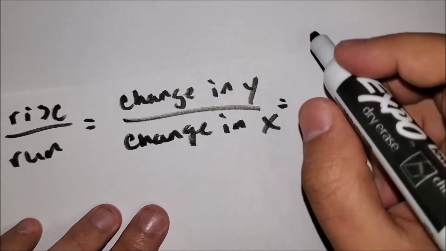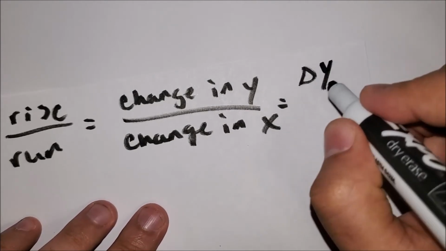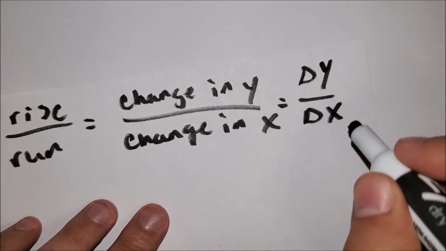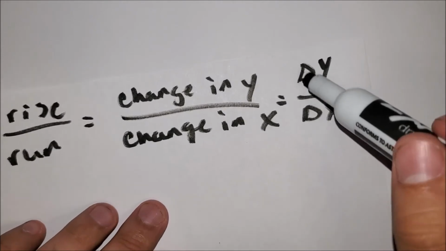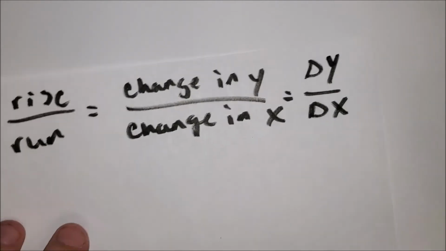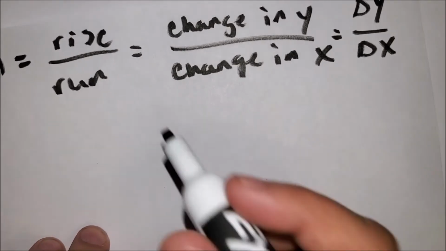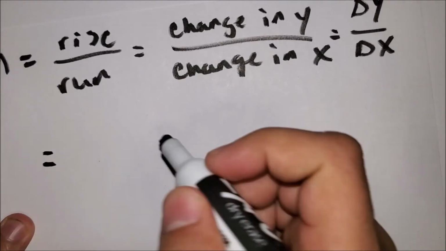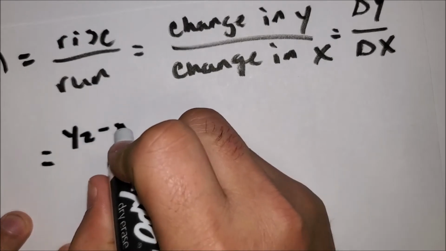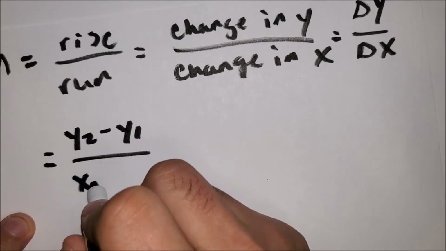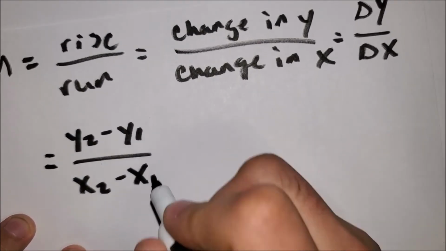This can sometimes be shorthanded as delta y over delta x. This delta means the change or the difference between. And if we were to write this another way, we would often just say that this is y2 minus y1 over x2 minus x1.